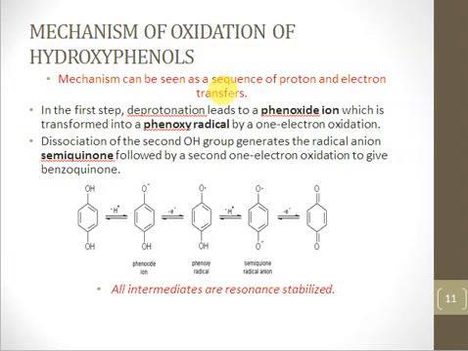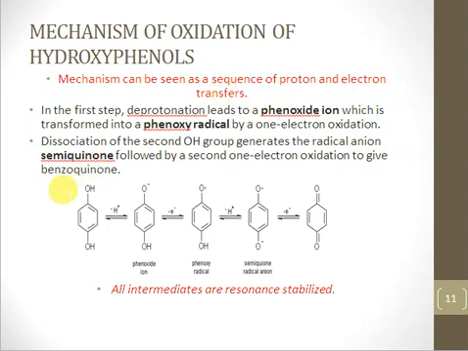Then we will again remove the hydrogen and then remove the electron. So there will be alternate removal of a hydrogen in the form of a proton and removal of an electron. We will altogether lose 2 hydrogens and 2 electrons, right? So just see the mechanism first.